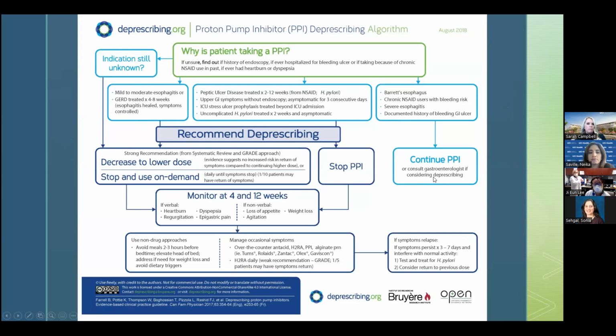Yes, continue the PPI or consult the GI doc, or do they have a condition that we knew about, they did a full treatment, and then we go ahead and trial a stop period and see if the symptoms return. So this kind of just guides you, based on the condition or what was known, or if there was no known condition, go ahead and stop, with recommendations for stopping it or reducing it, and then tapering down.